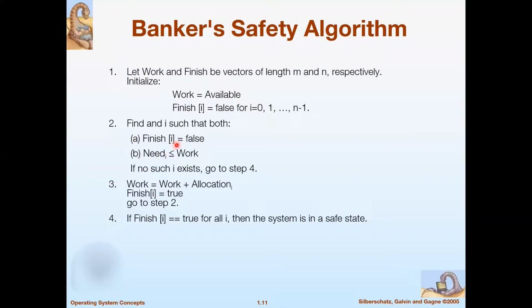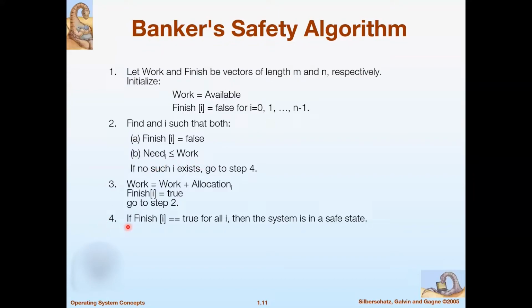And the second case, maybe finish i is equal to false, but need i is greater than or equal to work. Whichever be the case, we come to step number 4.